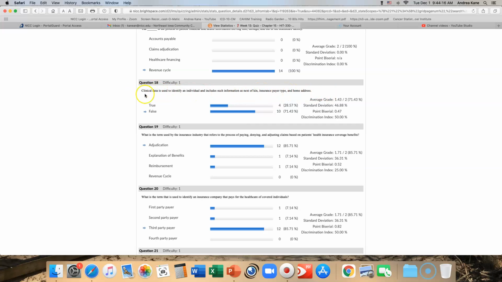Clinical data is lab results, vital signs, diagnoses, vent rates. Next of kin, insurance payer type, and home address have nothing to do with the clinical care or the clinical status of the patient. That's why it's false.